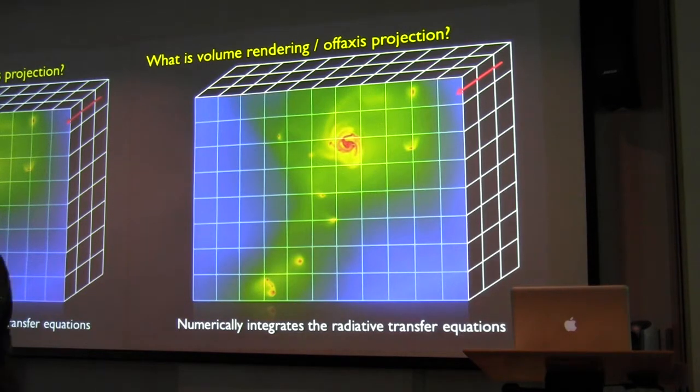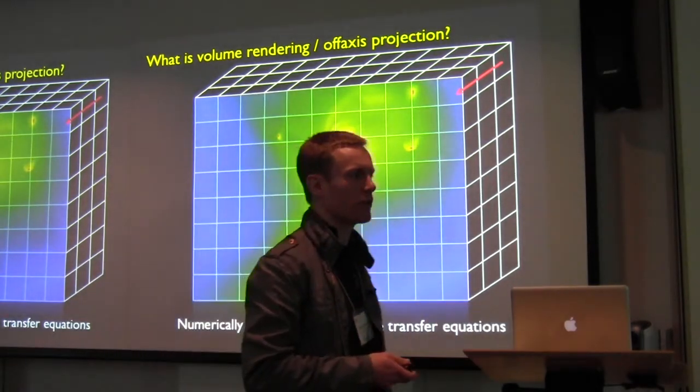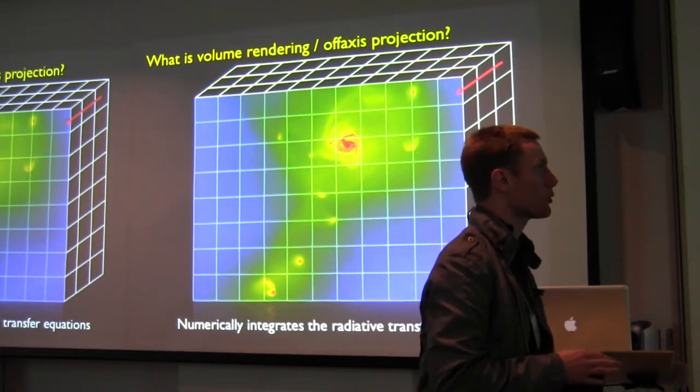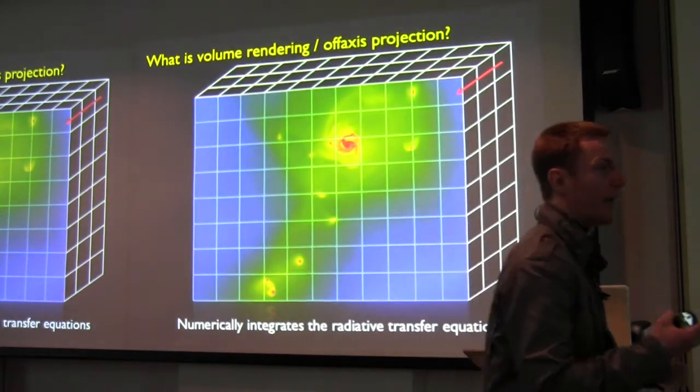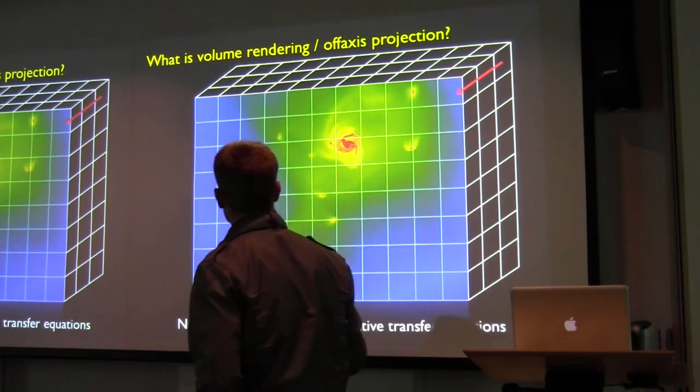It takes into account absorption and emission of the gas and the particles intervening, depending on what transfer equation you're using. For the most part, we're just doing emission, gas as an emitter of light, although it does have the potential to act as an absorber as well.